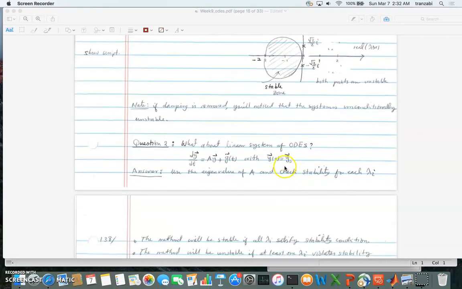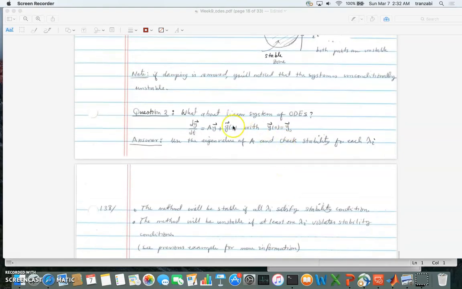So in general, if we can convert our differential equations to something like this, dy/dt equals some matrix times y, well, now we're talking about the vector equation, right? So some matrix A times y, and then plus some other function of t, then the eigenvalues of this A, okay, now A is constant, the eigenvalues of this A will show whether the method is going to be stable or not. Okay, so if both eigenvalues of A are within the stability region, then we're going to call the method stable.